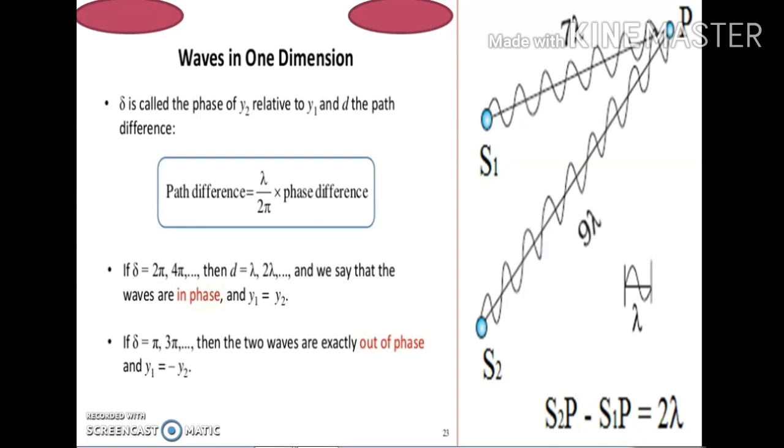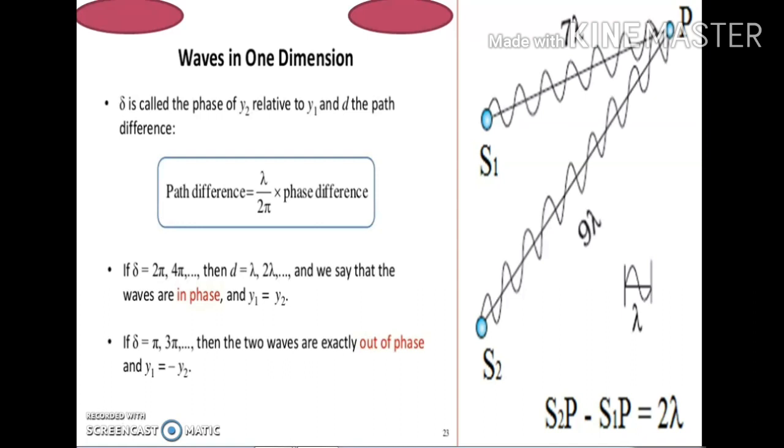If the phase difference is 2 pi, 4 pi, etc., then the path difference will come out to be lambda, 2 lambda, 3 lambda, etc. In this case, we can say that the two waves are in phase with one another, and y1 will be equal to y2. In the second case, if the phase difference equals pi, 3 pi, etc., then the two waves will be out of phase with one another, and we can write y1 equals minus y2.